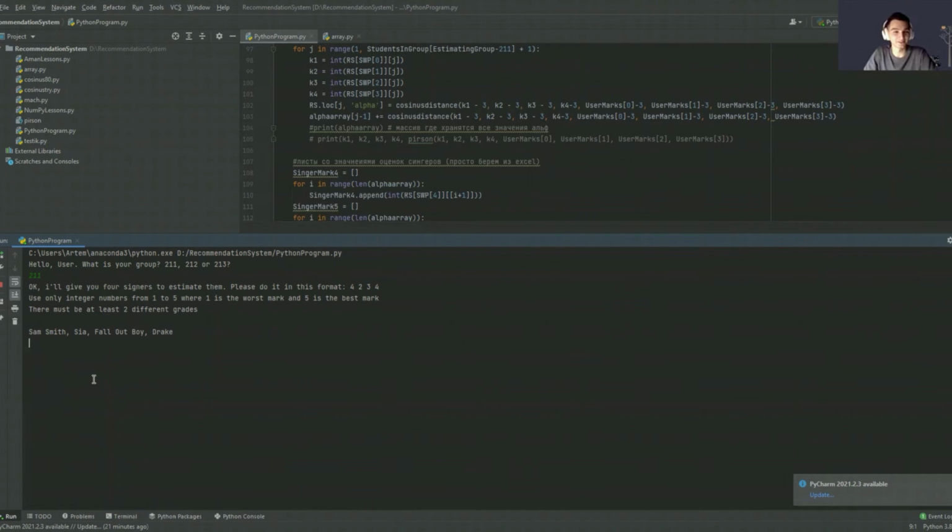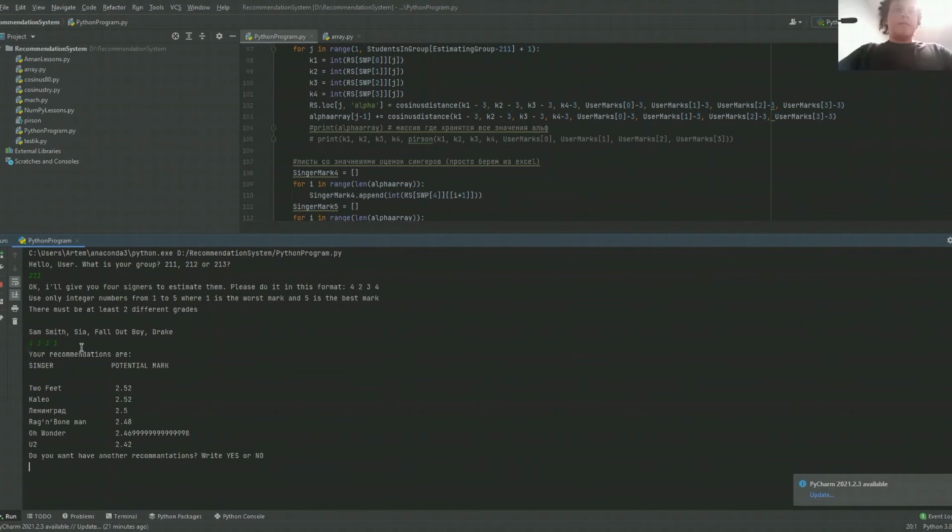Oh, so let it be 4, 3, 3, and 1. Okay, so here you see your result. Some of them are not good counting, but there is your recommendation.